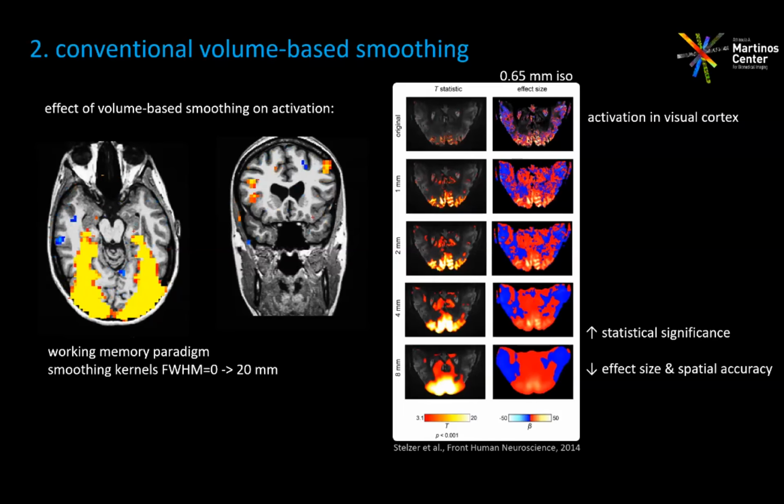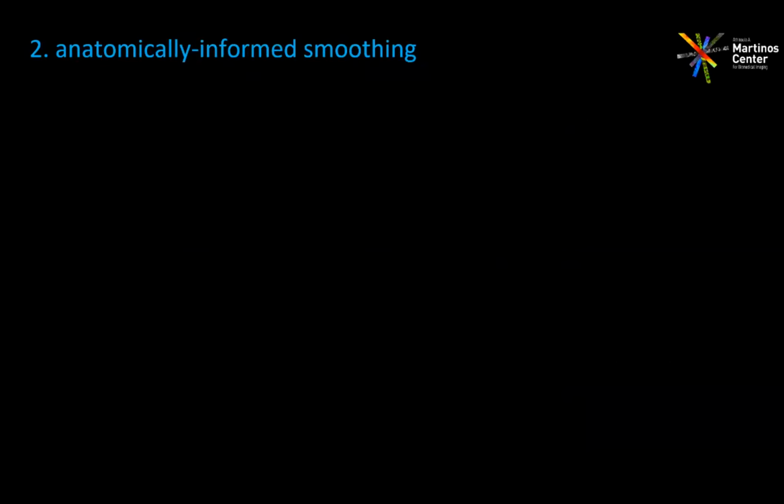You can see that. But what also happens is that the effect size and the spatial accuracy go drastically down. And at the end, you basically have the activation all over white matter. So I think that should give you an idea why volume smoothing may not be the best choice, especially if you are doing laminar fMRI with high resolution and small expected regions of activation.